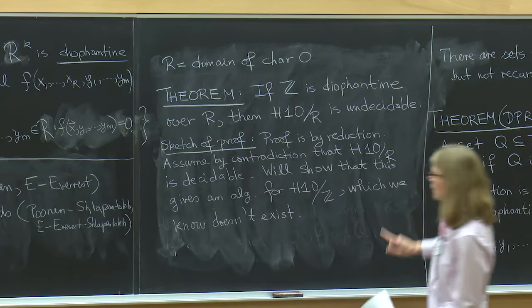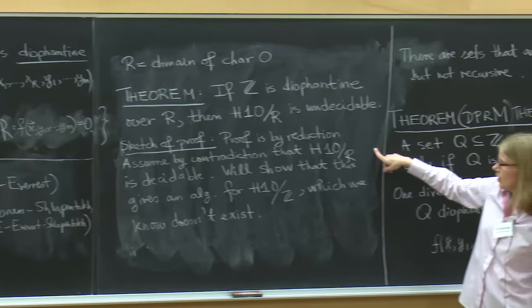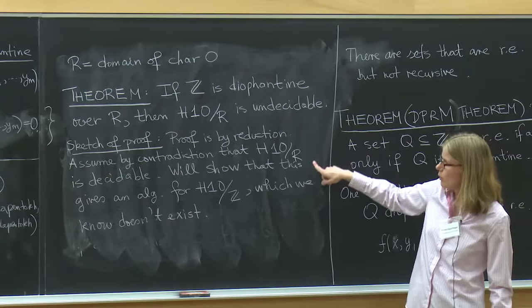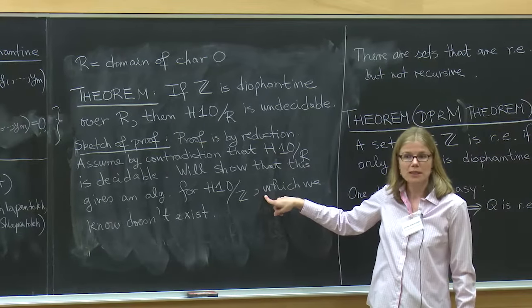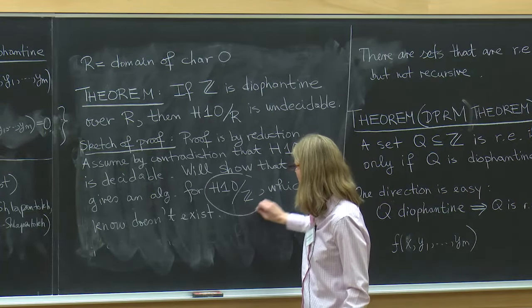So how does this work? We'll assume we have an algorithm for Hilbert's 10th problem over R, and now we want to cook one up for Hilbert's 10th problem over Z.